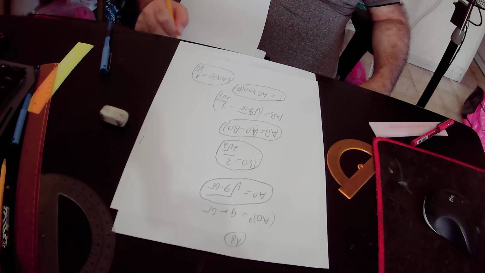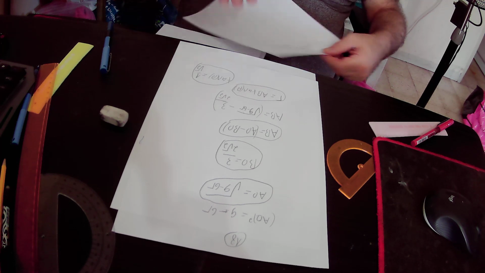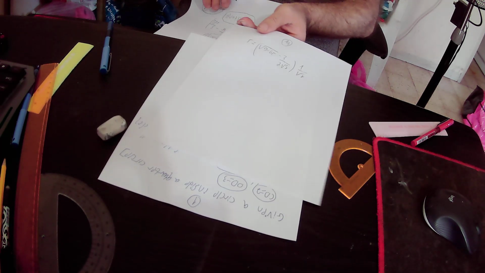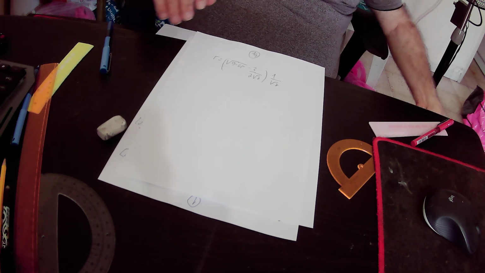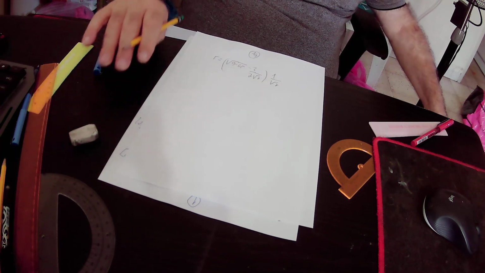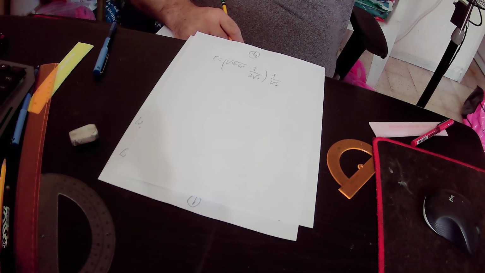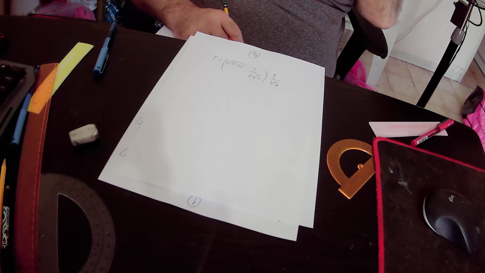So in total we got that the radius of the small circle equals the root of 9 minus 6r minus 3 over 2 times root 2, times 1 over root 2.